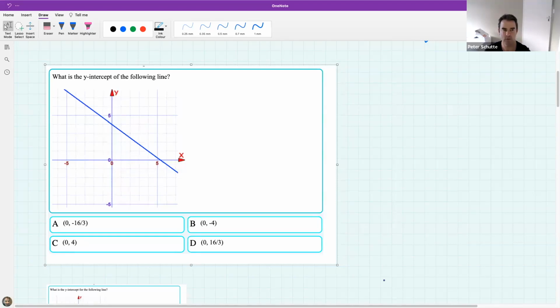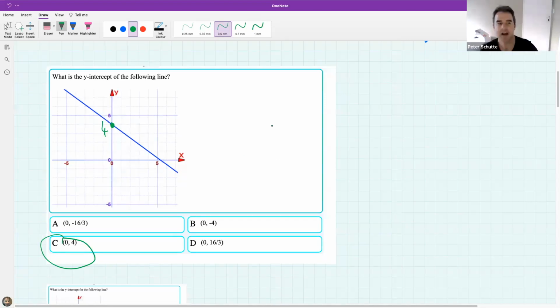So look at everyone go. Students are definitely recognizing that this is the y-intercept over here, and that is 4. And if we have to choose an option that relates that 4, it's going to be C.